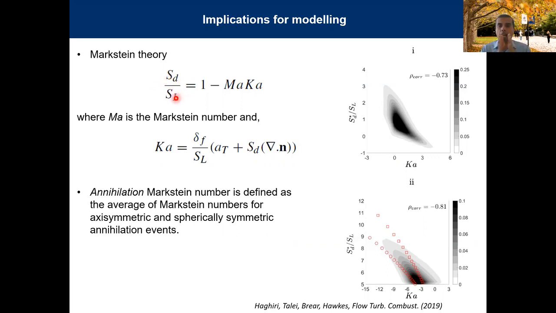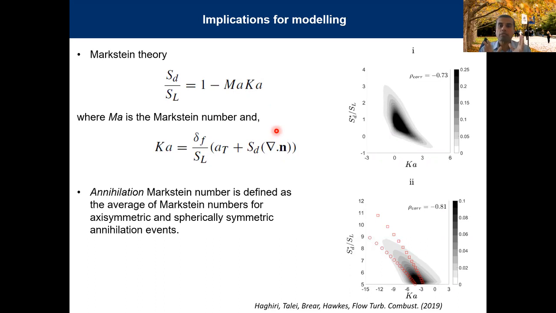If you have just a 1D laminar flame, the flame speed would be SL. This is a function of a factor called the Markstein number, and another parameter called the Karlovitz number, which is a function of flame properties: flame strain rate, flame curvature, and ST appears here too, okay?